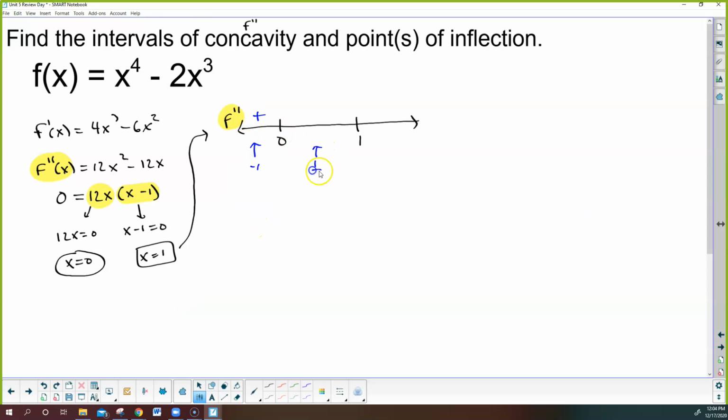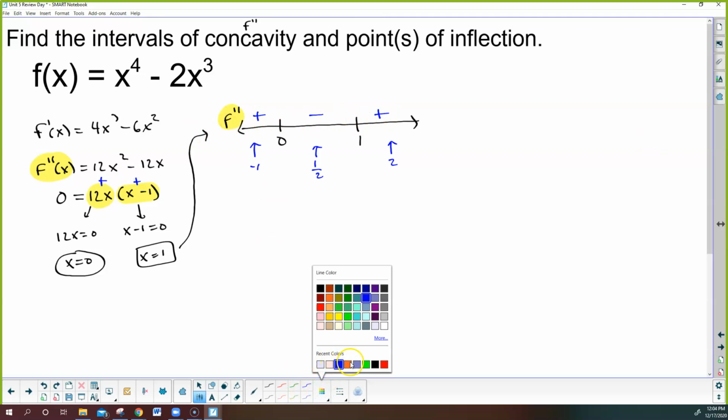Then I have to test the value between 0 and 1. So I'm going to plug in 1/2. If I plug in 1/2 here, I get a positive sign. If I plug in 1/2 here, I get a negative. And a positive times a negative is a negative. And then I have to test the number outside of 1. So let's do 2. Plugging in 2 in here gives me a positive. 2 in here is a positive. So now I know the values at which I'm concave up.